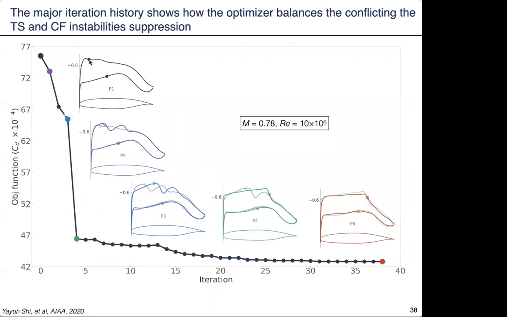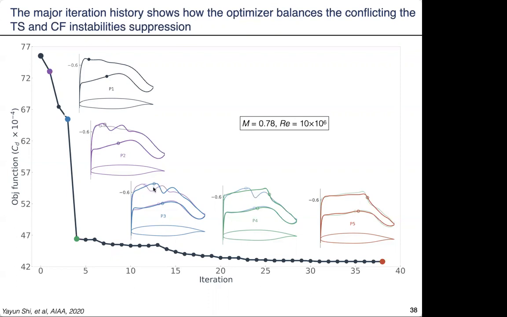We can see for the point 1, it is the TS instability induced transition. So the optimizer tries to find the favorable pressure gradient to suppress the Tollmien-Schlichting instability. Firstly, a shorter region and then a longer region.